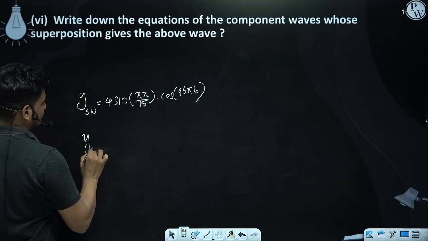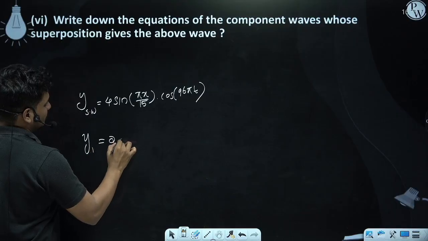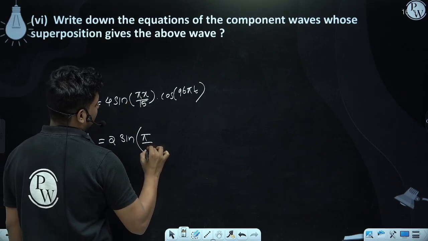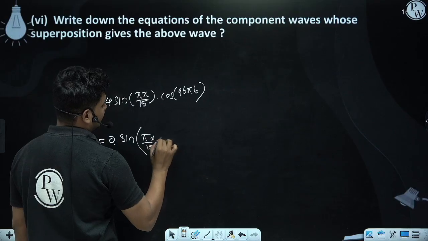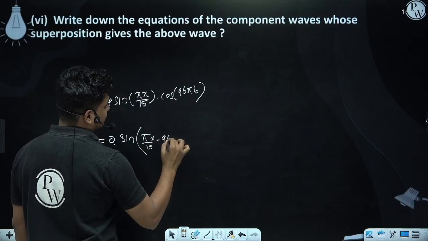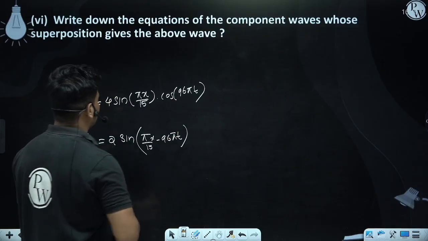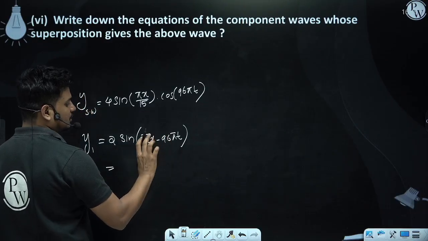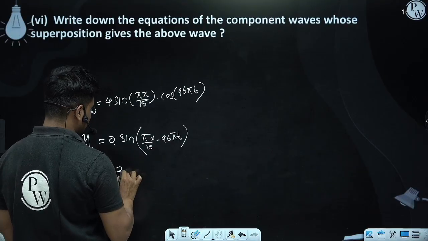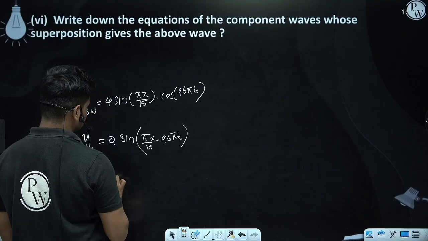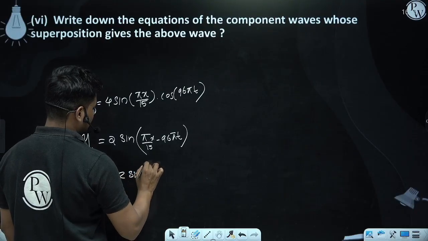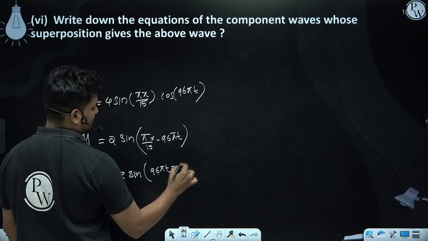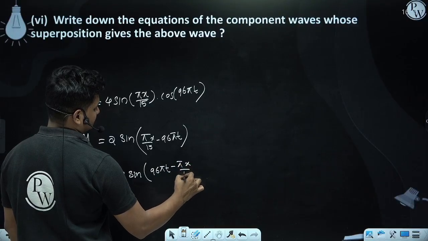So the first equation is y1 equal to 2 into sine of pi by 15 x minus 96 pi t. Or we can convert it into the general form: minus 2 into sine of 96 pi t minus pi x by 15.